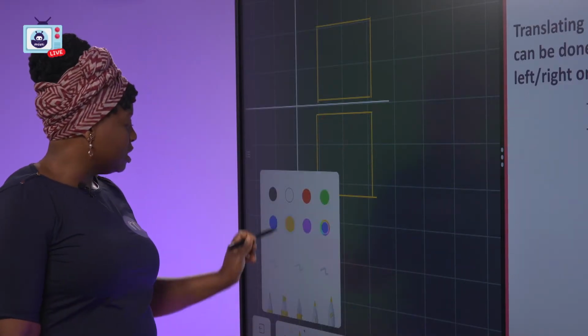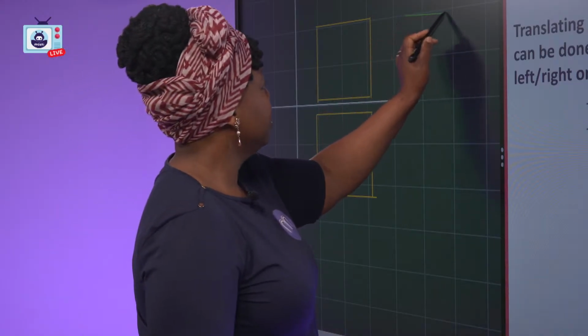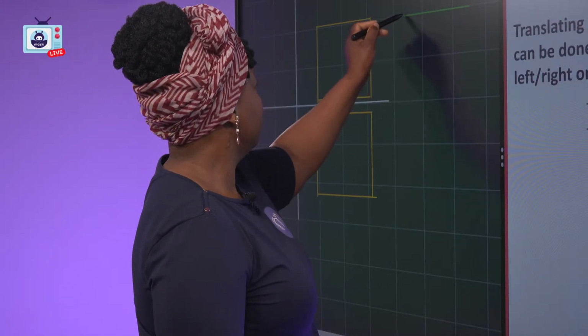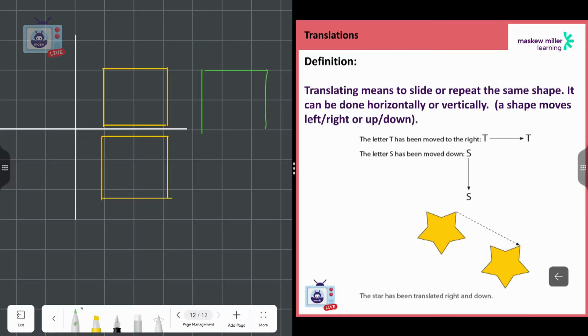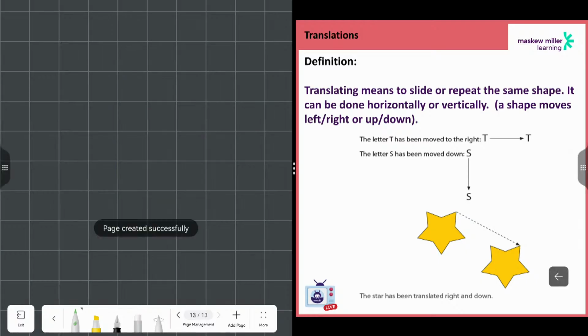So if it moves to come there, some sort of translation happened. Even if it goes to the other side, even if it goes this way, for as long as it's still the same shape, then that is what we mean. So it can go vertically or it can go horizontally. It can go up or down or left and right. So that is the movement of the shape, and here we have used an example of a letter.